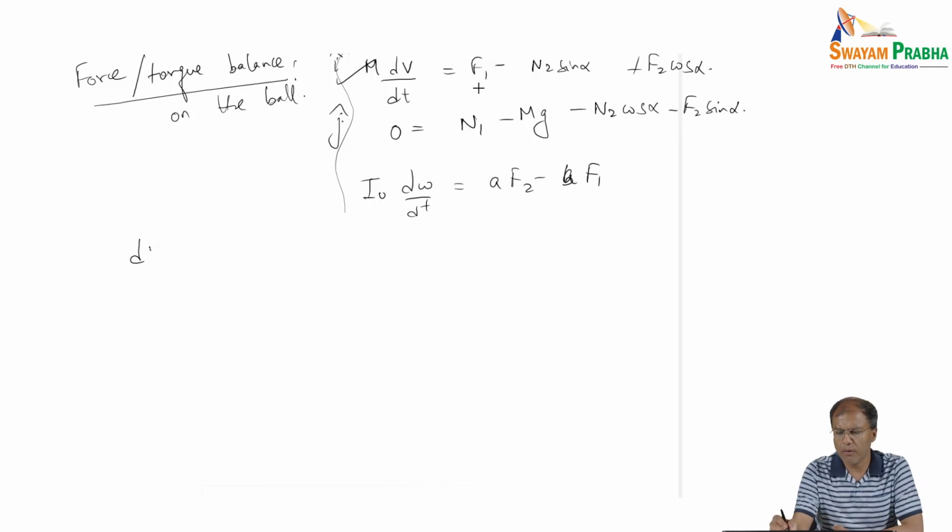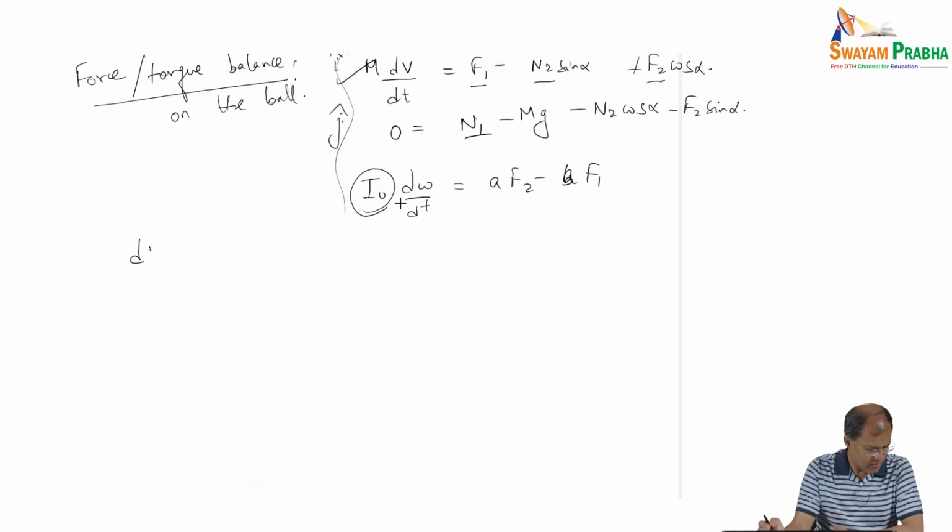The unknowns in the problem are F1, F2, N1, N2, 4 unknowns, and also I0. We don't know what the ball is; the ball is not given as such. It could be a hollow sphere, it could be a rigid sphere, we don't know. So I0 itself is an unknown of the problem. But the other issue is omega. We have 4 unknowns N1, N2, F1, F2, and a 5th unknown I0.